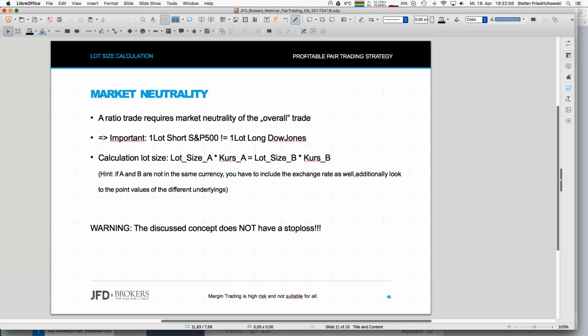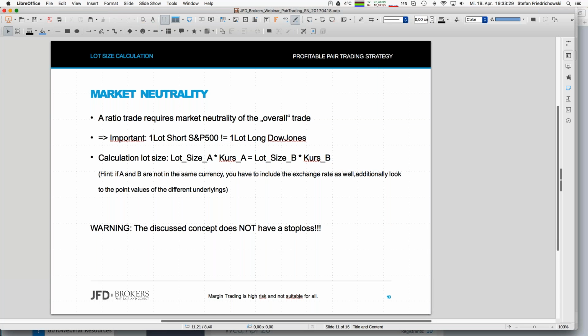If you open a trade with 7 lots S&P 500 short and one lot Dow Jones long, that trade would be market neutral, in the sense that if both underlyings increased by, for example, 5%, the trading result would not be affected.